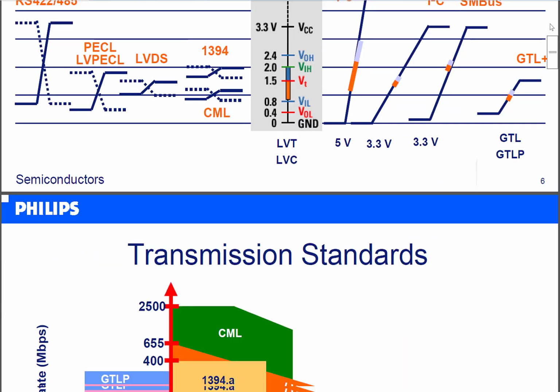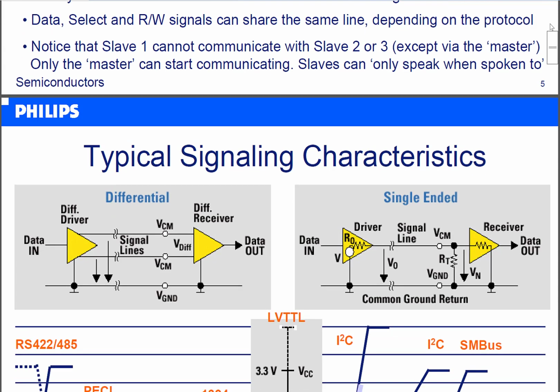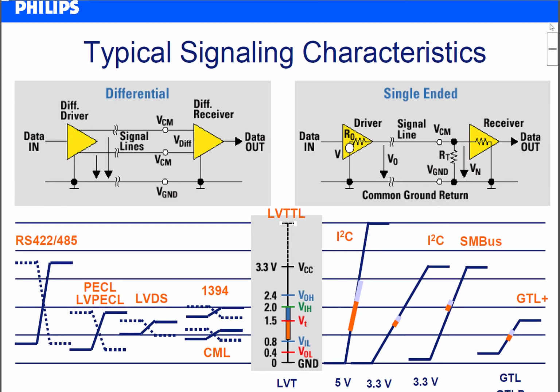Going back to this for a second, you want to think about the environment that your serial communication is happening in, and decide whether you need a differential signaling system or a single-ended one. Single-ended is quite common over short distances and in environments that are not subjected to a lot of noise.